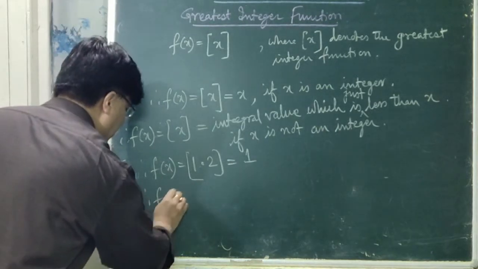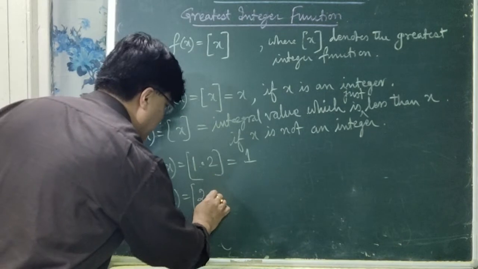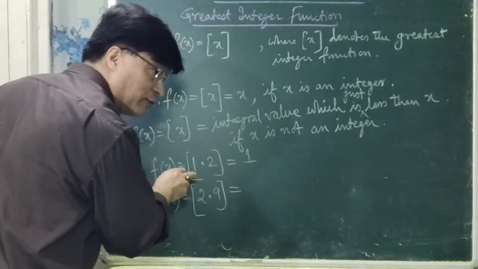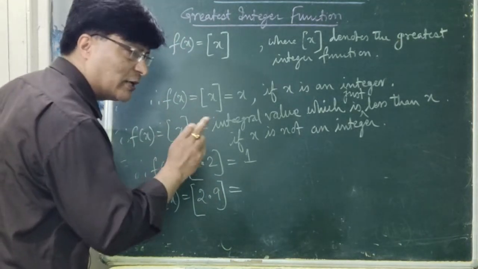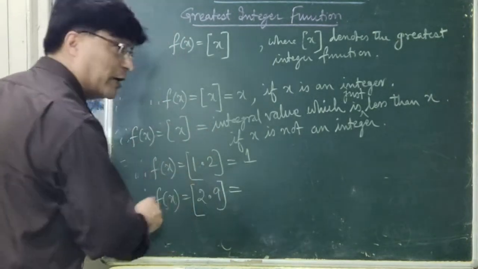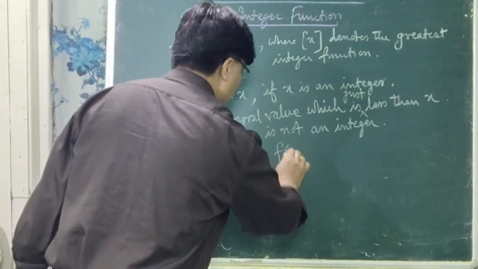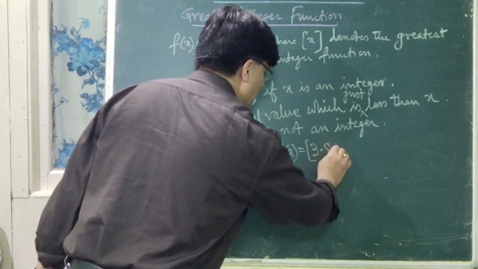Suppose you have 2.9. Which is the integral value just less than 2.9? That is 2. Is that clear? f of x is equal to [3.8].